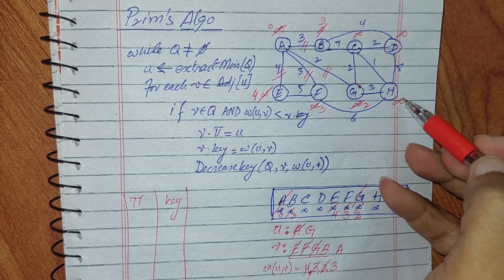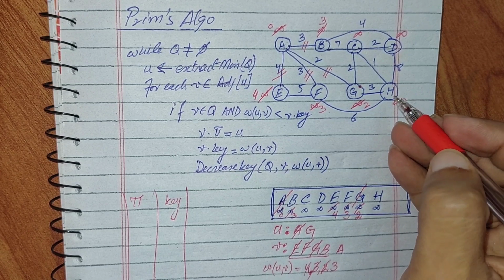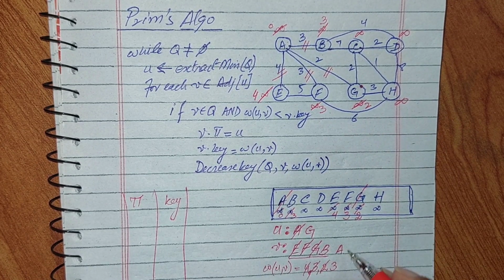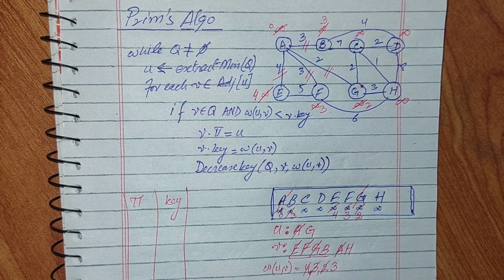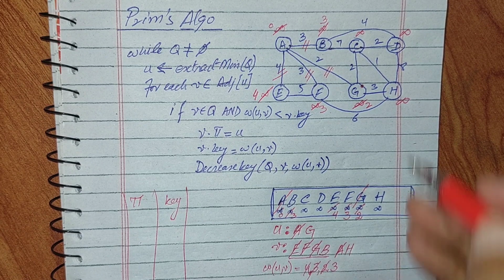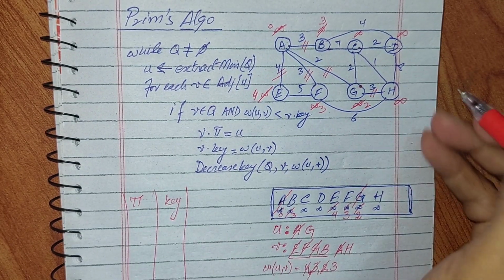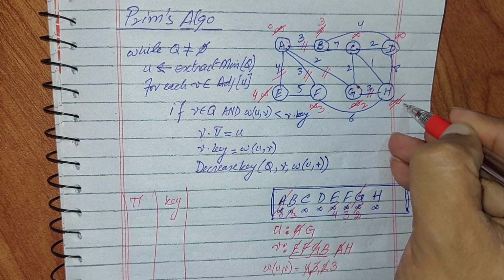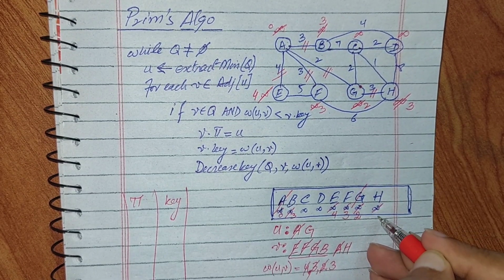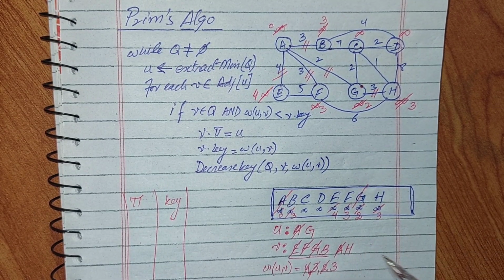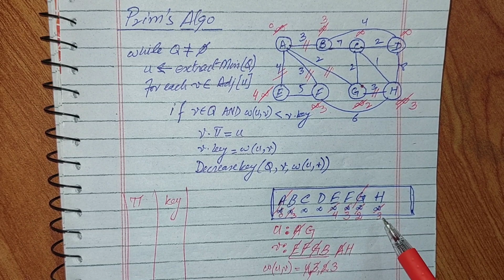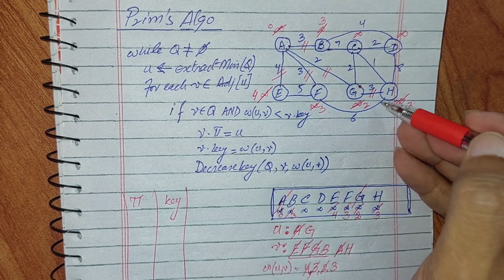So the next neighbor is H. So we will mark its parent and then we'll update its distance, that is 3. We will reflect this update into the queue also, and then we go for the next neighbor.